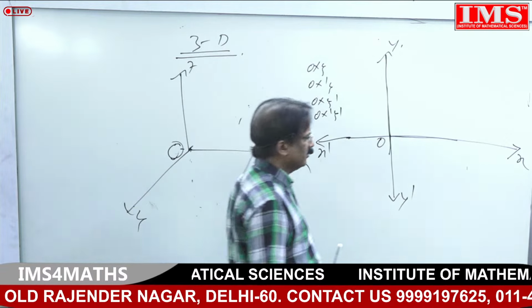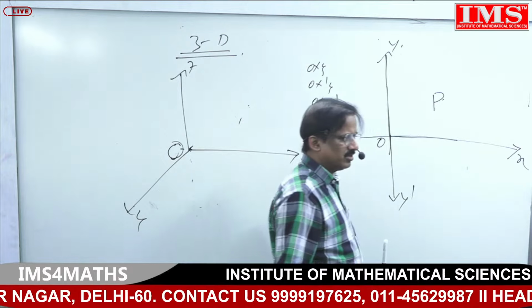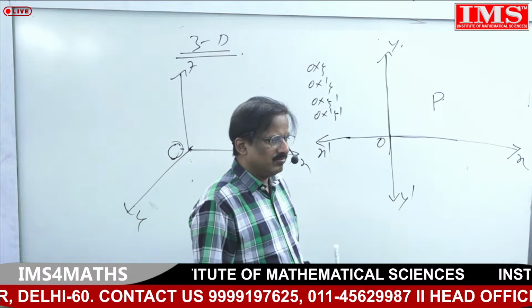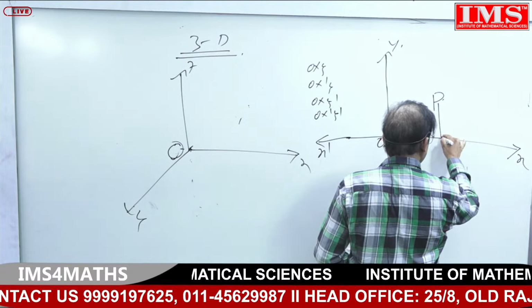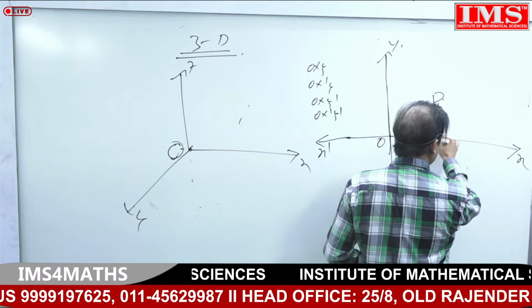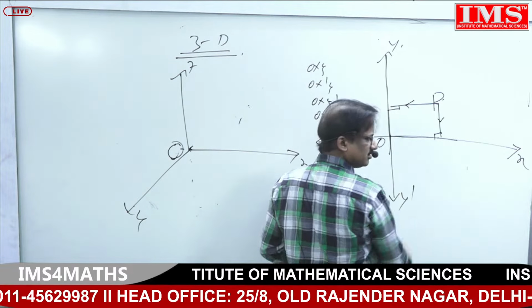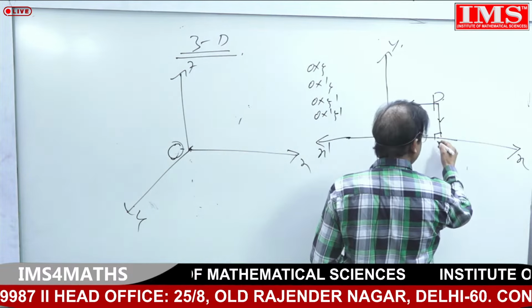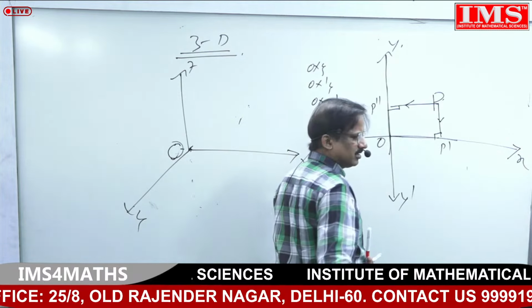Next point. If we take a point in the region, I don't know its coordinates. But from that point I can draw a perpendicular to one of the axes. I draw a perpendicular to the other axis, isn't it? And its foot point is here P dash, its foot point is here P double dash.